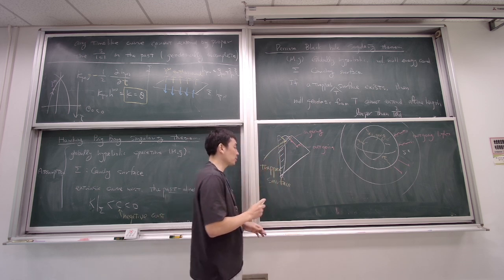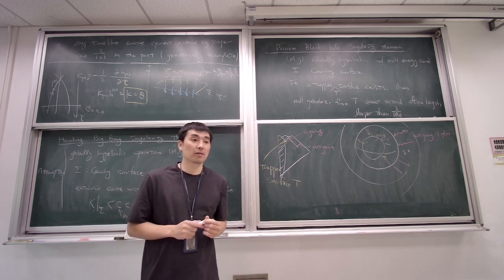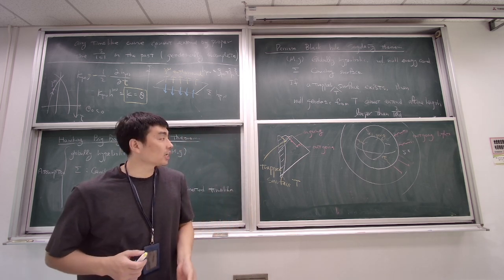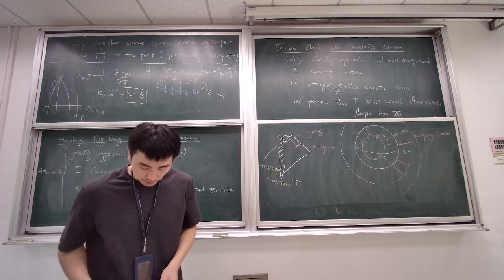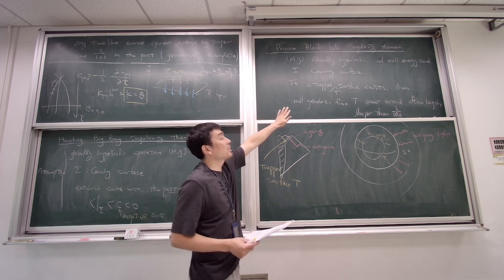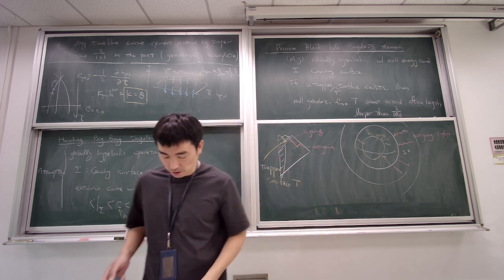So that's the trapped surface. In other words, every surface inside the event horizon is trapped, in the case of Schwarzschild. But this is the assumption, if such a surface exists. That's the assumption of the Penrose theorem.